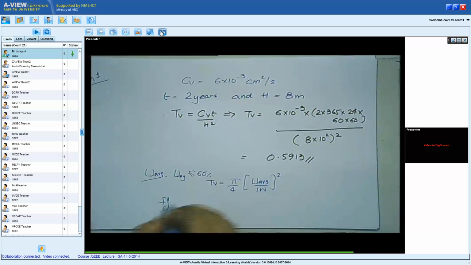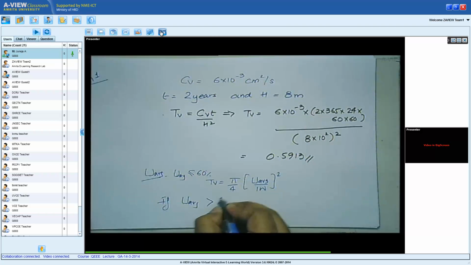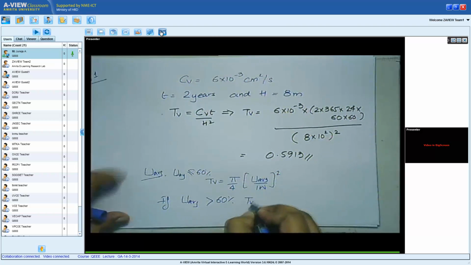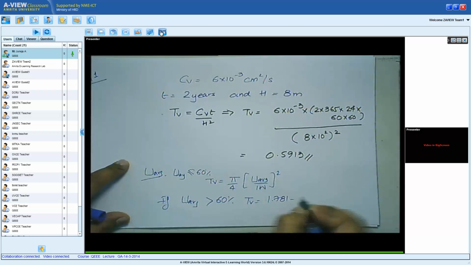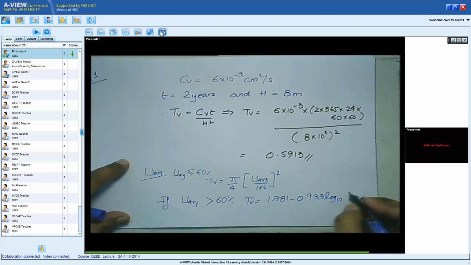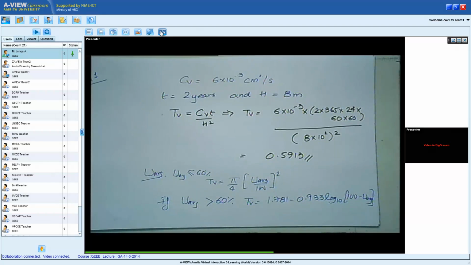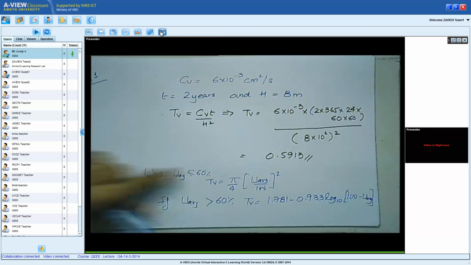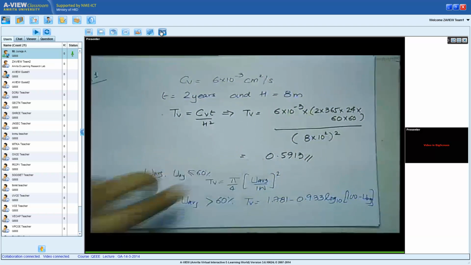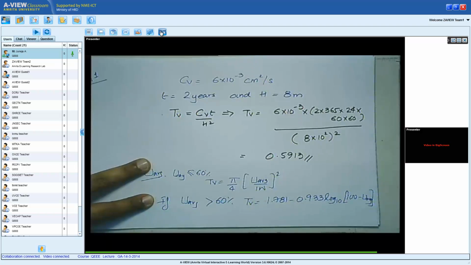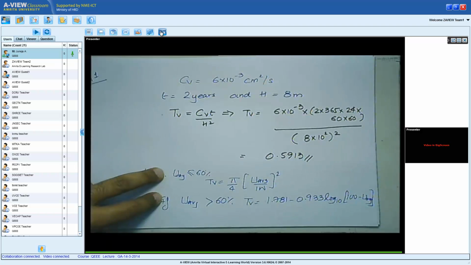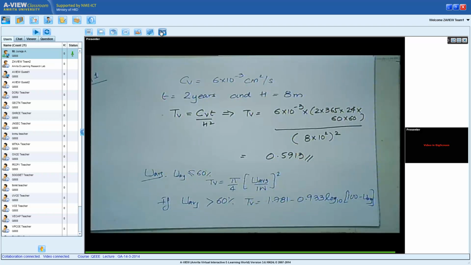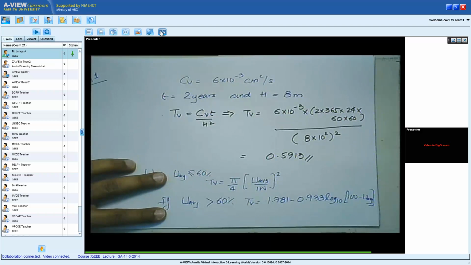If U average is more than 60%, TV equals 1.781 minus 0.933 log to the base 10 of 100 minus U average. I know my TV value, but I'm not sure which of these two equations I have to use. Remember, these are for the average of the entire clay layer.